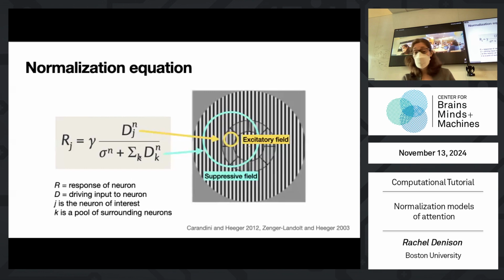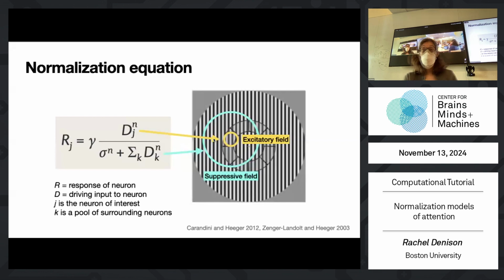It's like all neurons have an equal effect, but that's a simplified case. In general, different neurons could have different weights in terms of how strongly they contribute to the suppressive field. So you could have a situation, and this is often done in modeling, and this is what we'll see in the example model that we use, that neurons that are closer to neuron J may have a stronger suppressive effect, and neurons that are farther away from neuron J could have a weaker suppressive effect.